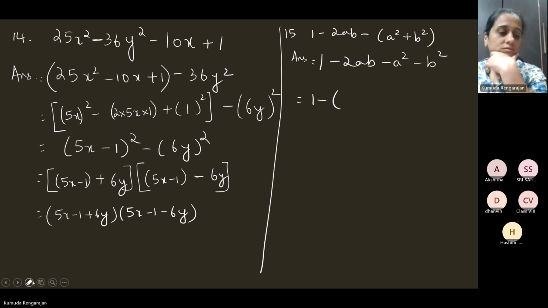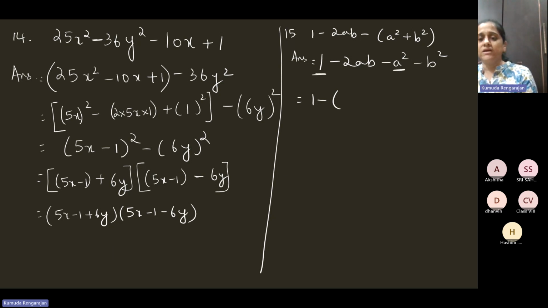So again, we have 4 terms here. Of these 4 terms, there are 3 perfect squares. One is 1, the whole square, a square is a the whole square, and b square is b the whole square. So there are 3 perfect squares. This one is the term which is not a perfect square, and the variables are a and b in it.